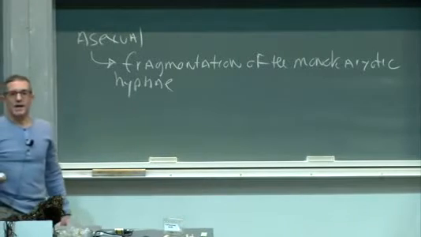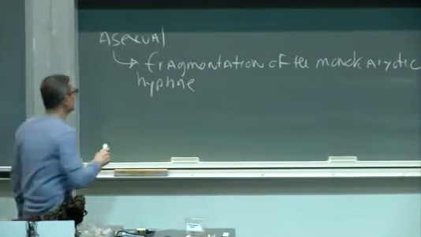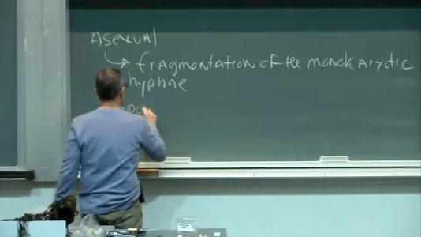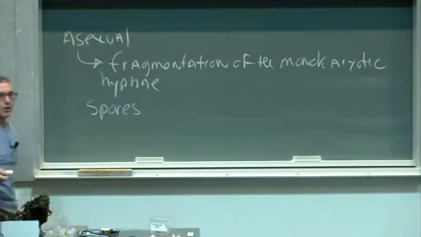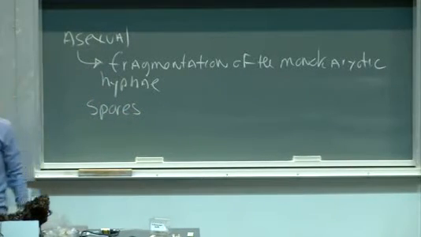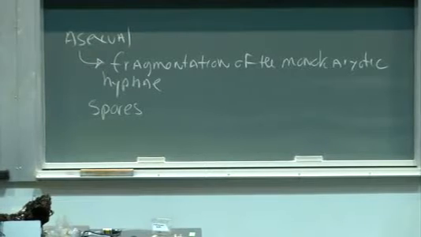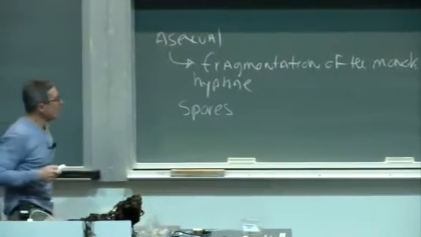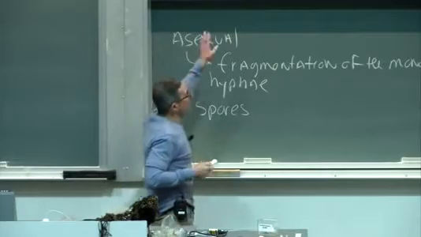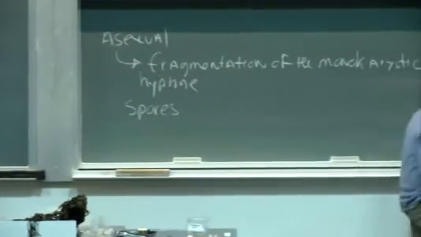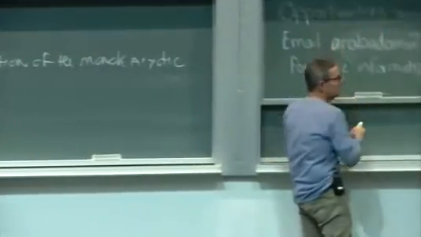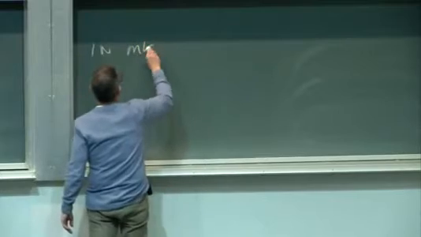The other way we can get asexual reproduction is through the formation of spores, which we mentioned last time. And you're going to see spore production in the lab, and I'm going to show you some pictures of spore production in a moment. Now, in this monokaryotic state, which I'll just abbreviate as MK, the fungus can continue to exist in the soil for many, many years.